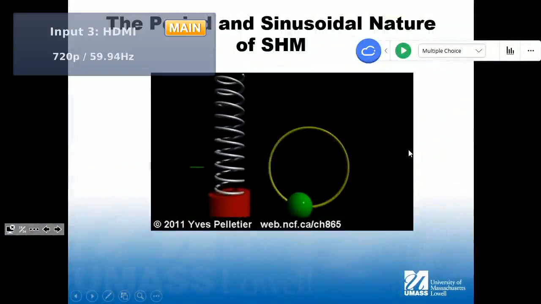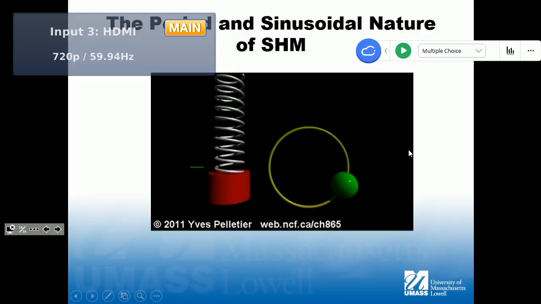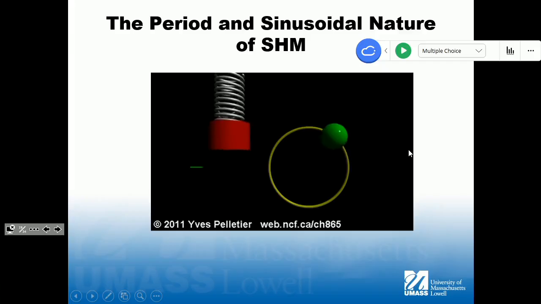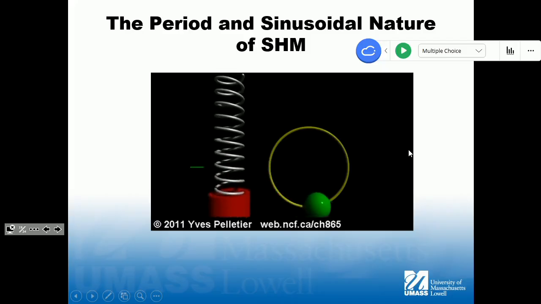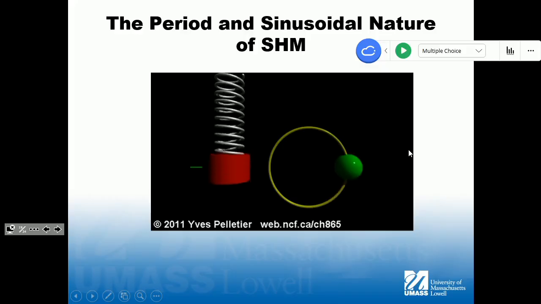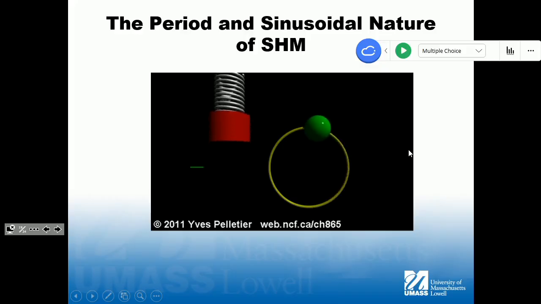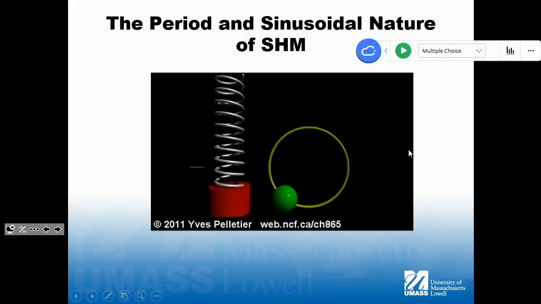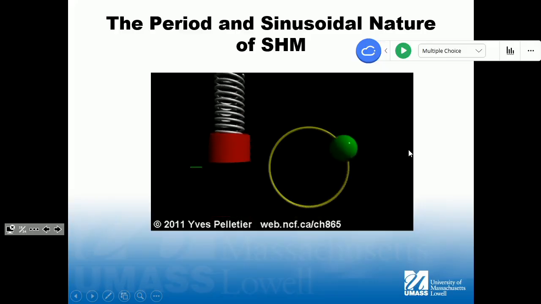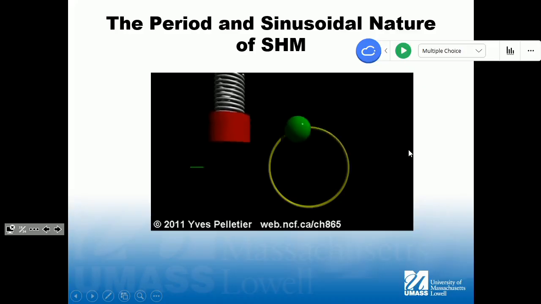Now, I'm going to go back to the picture. In terms of the amplitude of this oscillation, the red thing is oscillating. In terms of that amplitude, can someone tell me what is the radius of that circle? What is the full length of the oscillation? A or 2A? 2A, end to end is 2A, and that 2A is the diameter of the circle.